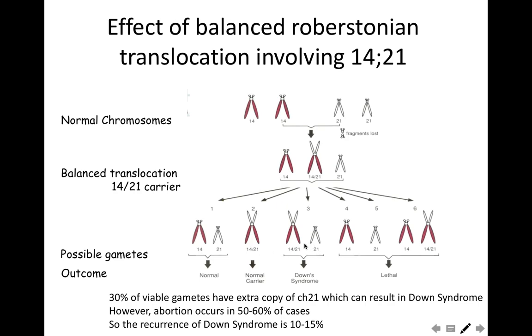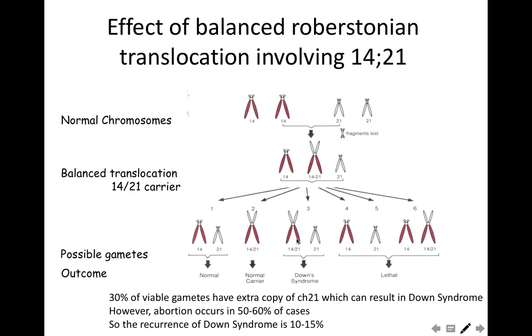أو إن الجميت ياخد ال Robertsonian translocation ده وياخد معاه الكروموسوم 21. Okay? فهنا الجميت ده هيبقى عنده كروموسوم 14 1 copy، كروموسوم 21 2 copies. فلو حصل له fertilization by sperm ساعتها هيبقى فيه how many copies for chromosome 14؟ 2 copies of chromosome 14.